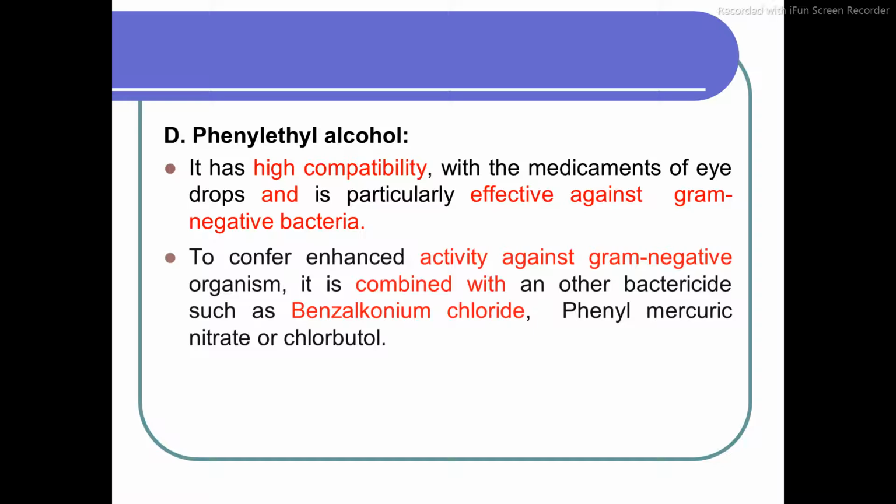If phenyl ethyl alcohol has less activity against gram-negative bacteria, then its antibacterial activity can be increased by addition of other preservatives. Instead of using it individually, we can mix it with benzalkonium chloride and phenyl mercuric nitrate or chlorobutol, so that its antibacterial activity will be increased.